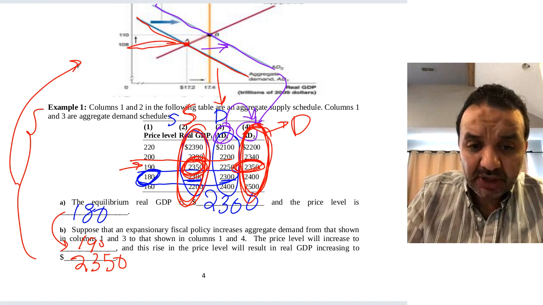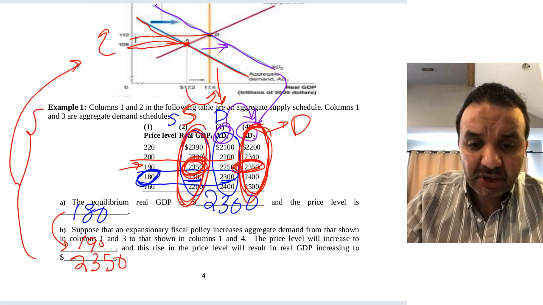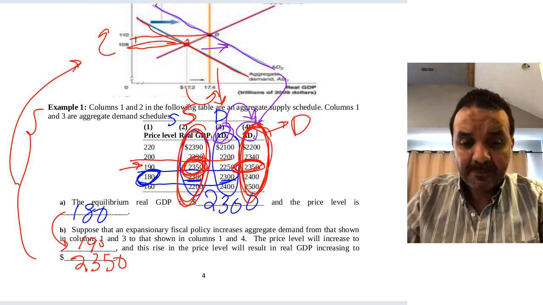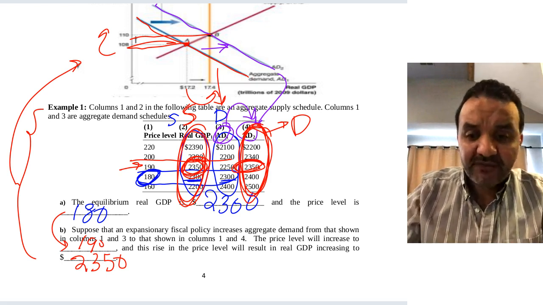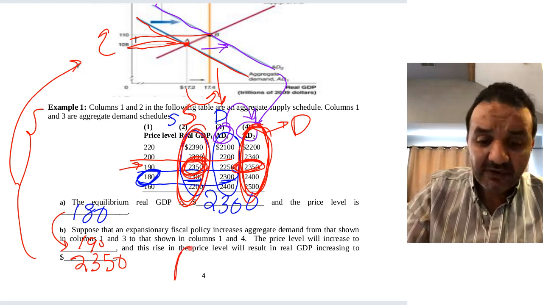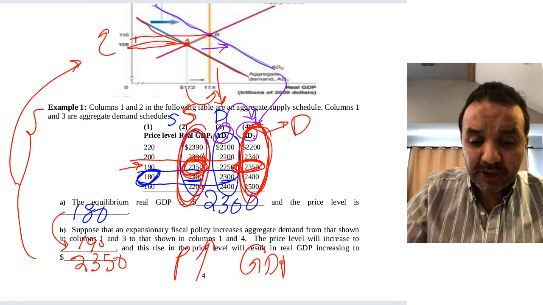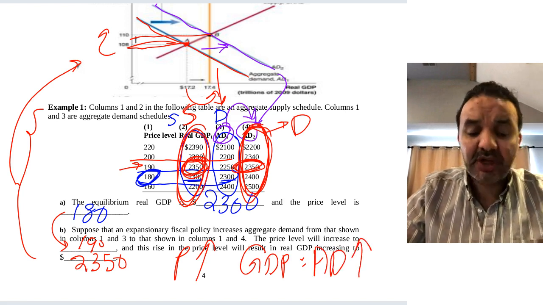After the shift in aggregate demand, the price level will increase, and at the same time the equilibrium quantity will increase. So the bottom line from this example is the impact of expansionary fiscal policy. If it's effective, the price level will increase, and also the GDP, which is the same as aggregate demand, will also increase.